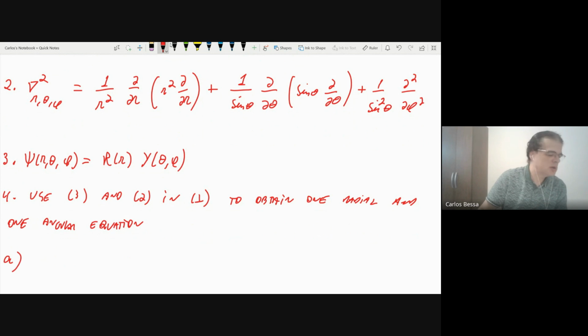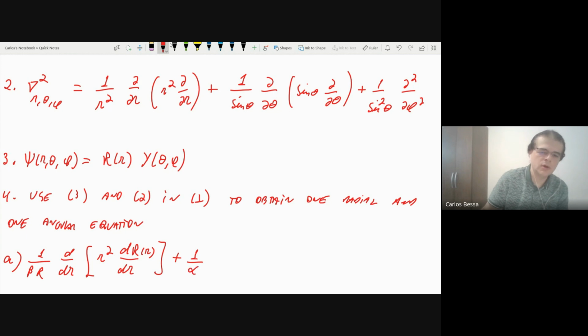A is the radial equation: 1 over R, d dr of r squared dR of r over dr, plus 1 over alpha, (E minus V).